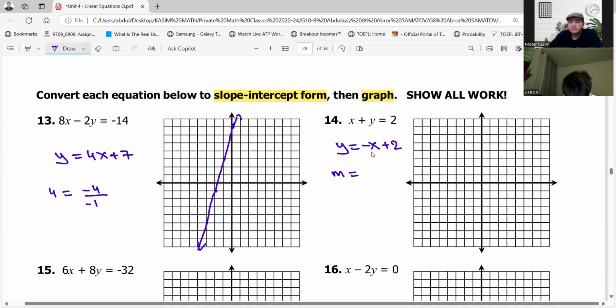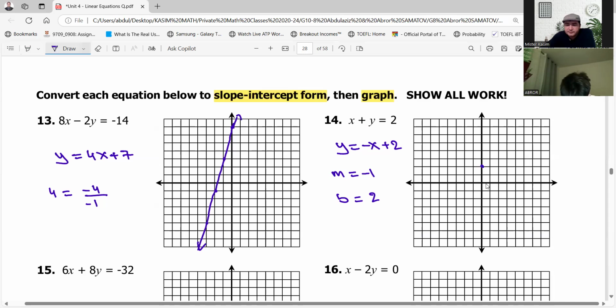What is the slope of this equation, Abror? -1. Y-intercept? 2. -1 means, again, Abror, it is -1/1. So the y-intercept is 2, 1, 2.